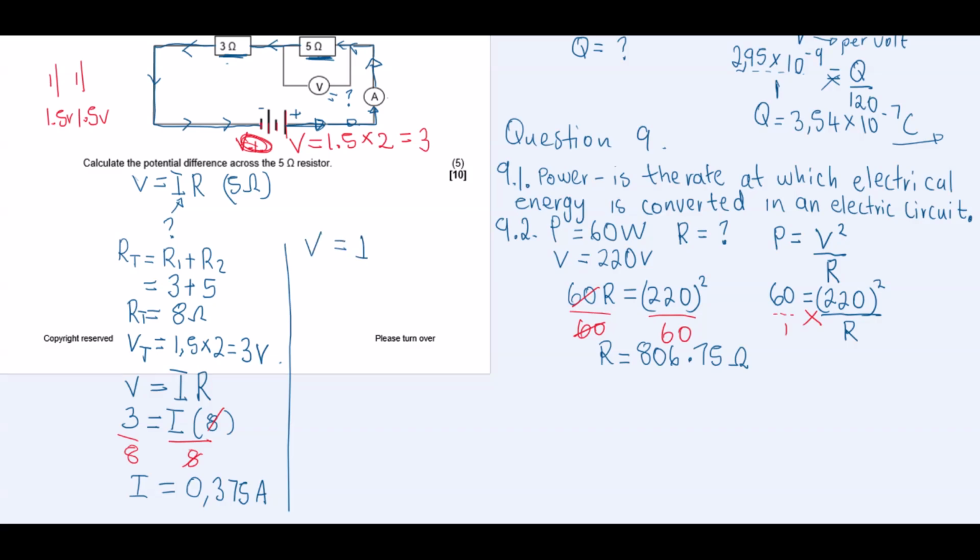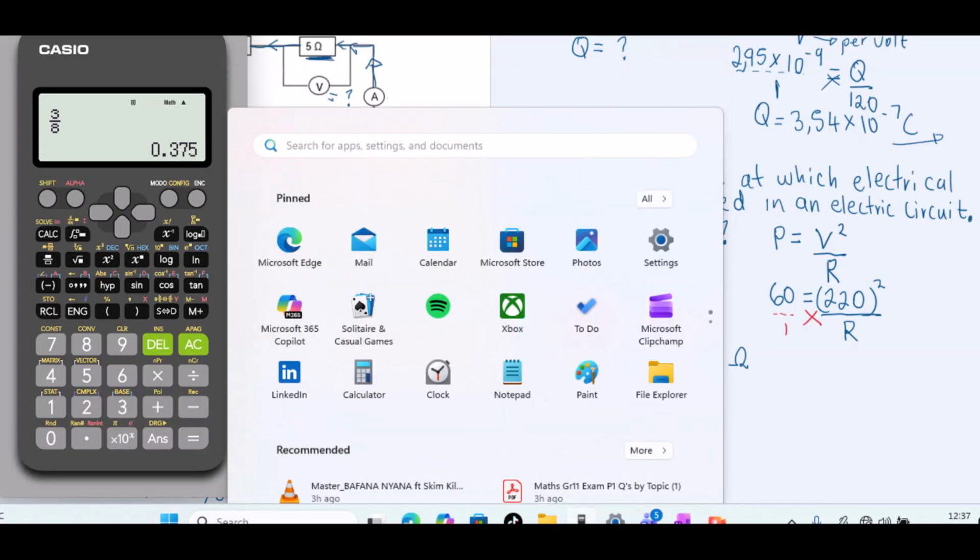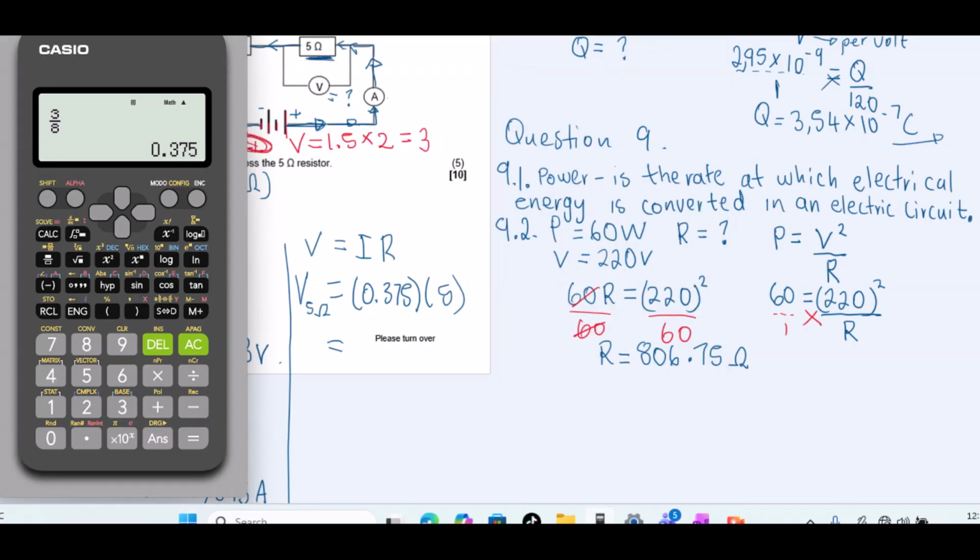This is the current that we actually needed to calculate, the current that flows here. Now we can use that current, and we say V is equal to IR. Then we'll calculate the voltage passing through the 5 ohm resistor. So here we're going to say this is 0.375 times the resistance. What is the resistance here? The resistance is 5 ohms, and we multiply the two, right?